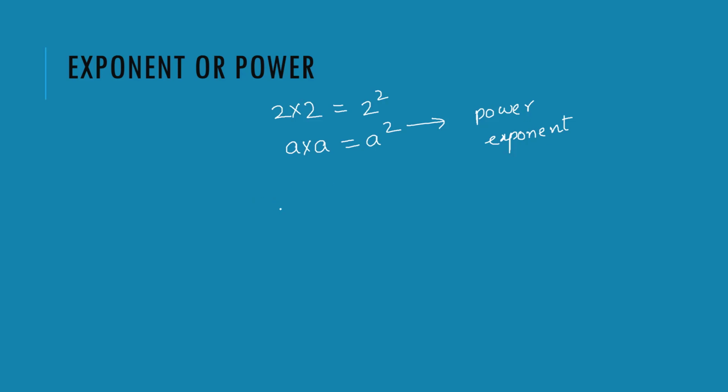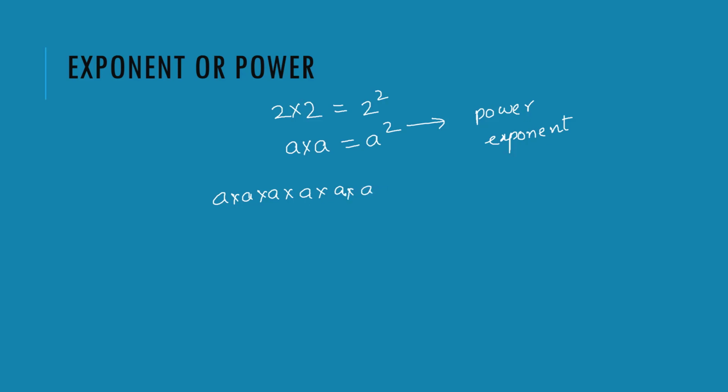So is this all the A means in algebra? Do we have only 2 or square as the exponent, or do we have many? It can be anything. It can be A raised to the power 100, it can be even A raised to the power infinite.